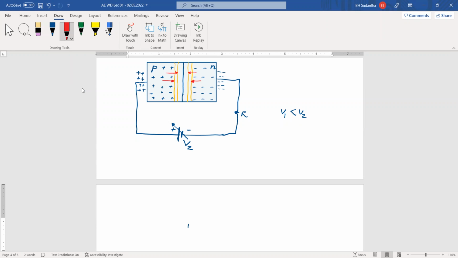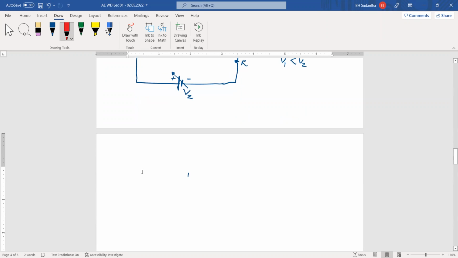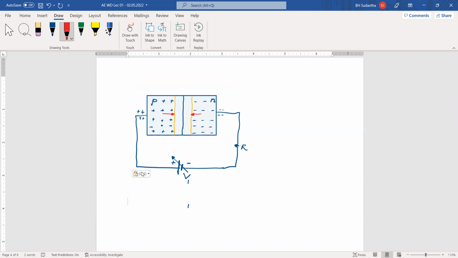Okay. Next time, we can increase this voltage again. It will be V3. Then V3 is greater than V2 and V1. As a result, we have much more pressure here.